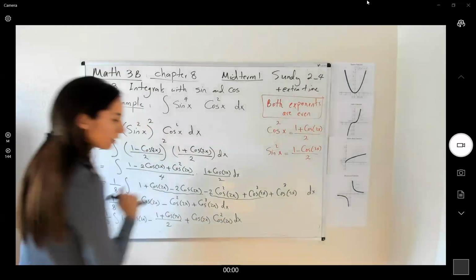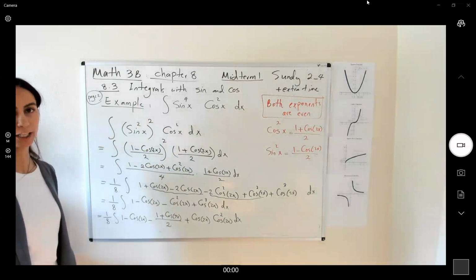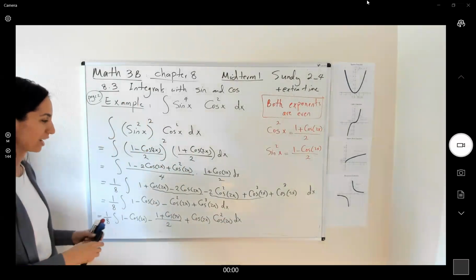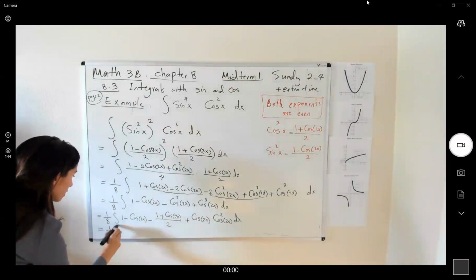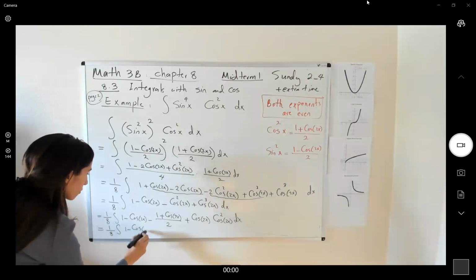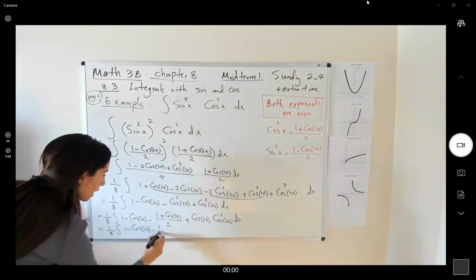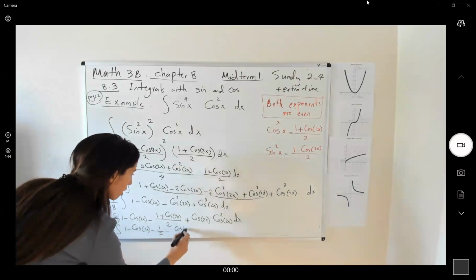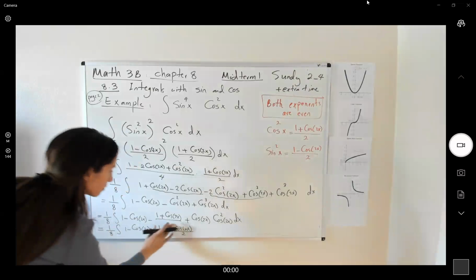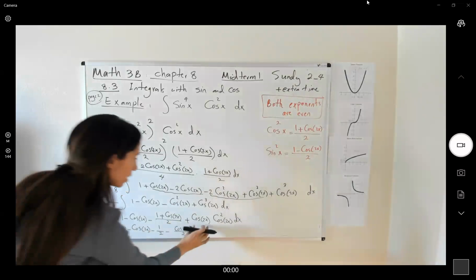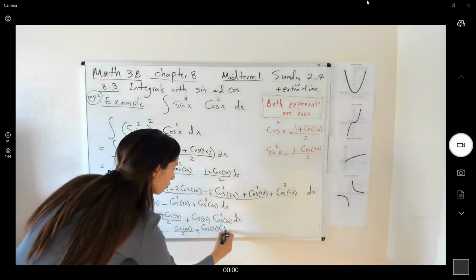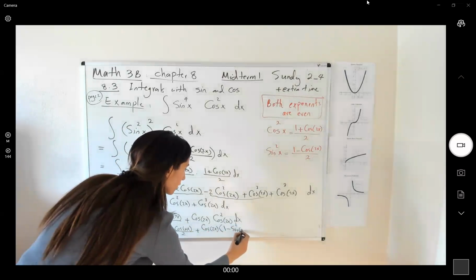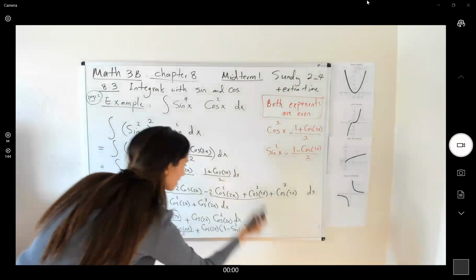At the same time, cosine squared can be written as 1 minus sine squared 2x. So this is equal to 1 over 8, the integral 1 minus cosine 2x minus a half minus cosine 4x divided by 2. Here I have plus cosine 2x times 1 minus sine squared 2x dx.